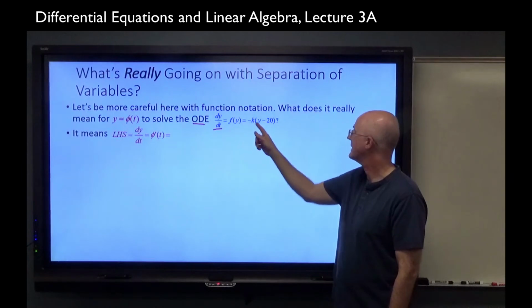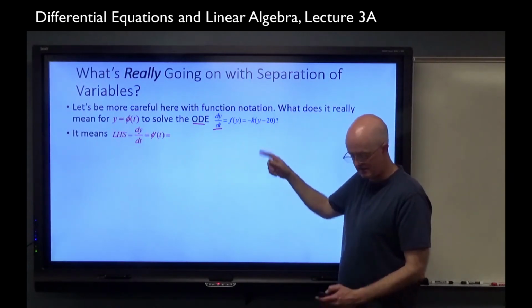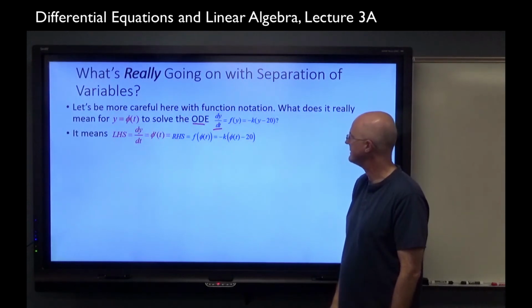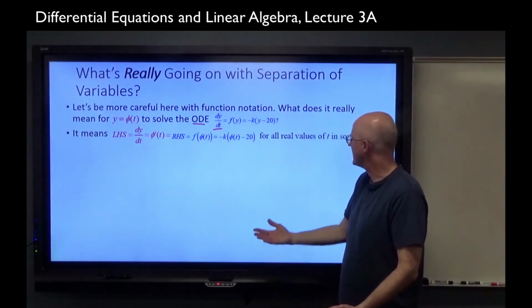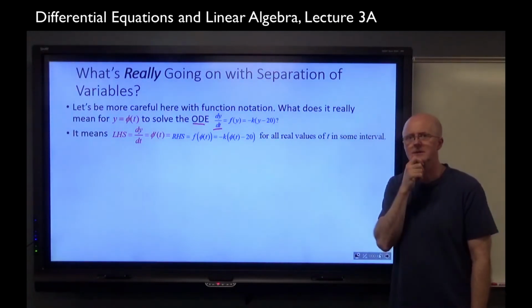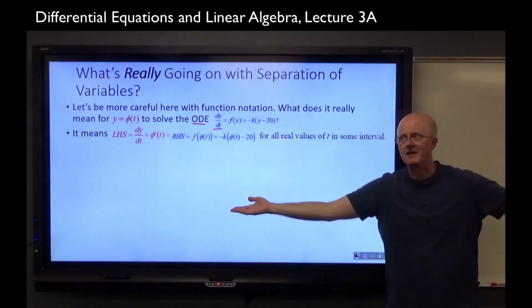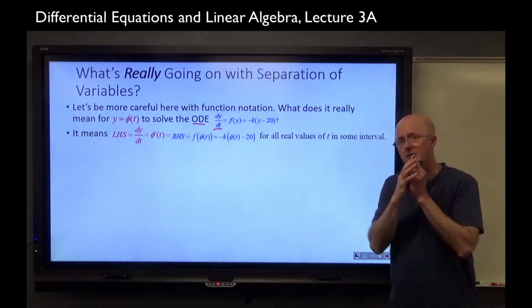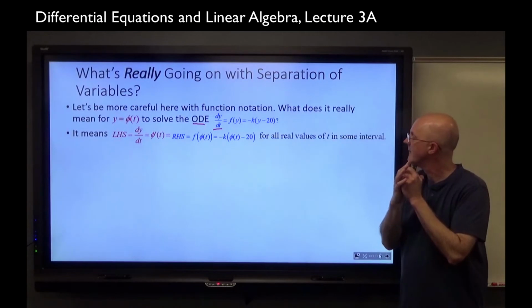I can do it there. I could also do it there. I should get this. That better be true if phi of t is going to be a solution, at least over some interval. For all real values of t in some interval. Now the interval could be the entire real number line, and in fact in this case it is. Or it could be some smaller interval. That's what it means.